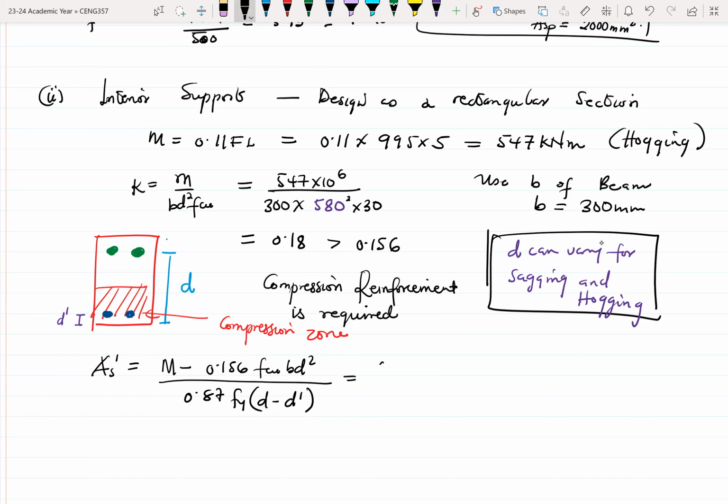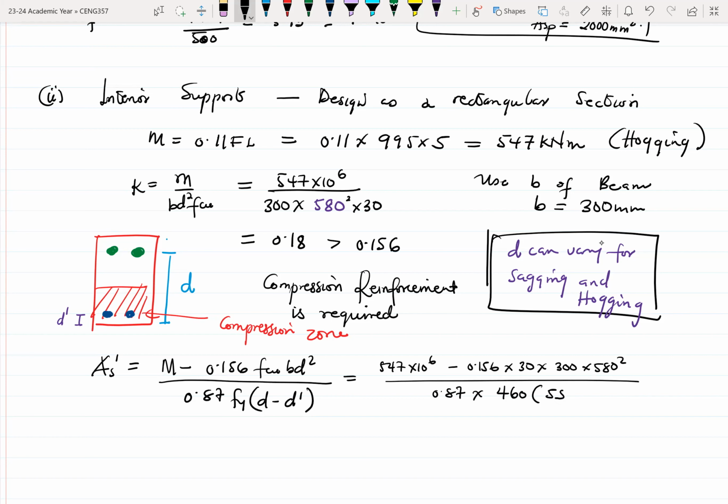Okay. So this is what our M is. We got M of 547. So 547 times 10 exponent 6 minus 0.156 times an FCU of 30, a B of 300, a D of 580, all over 0.87 times an Fy of 460.